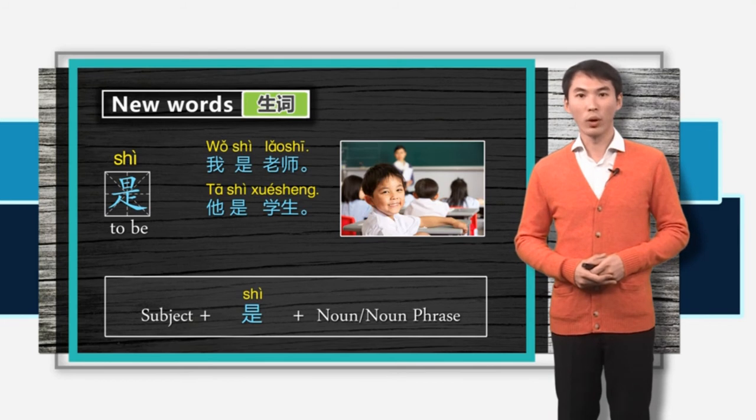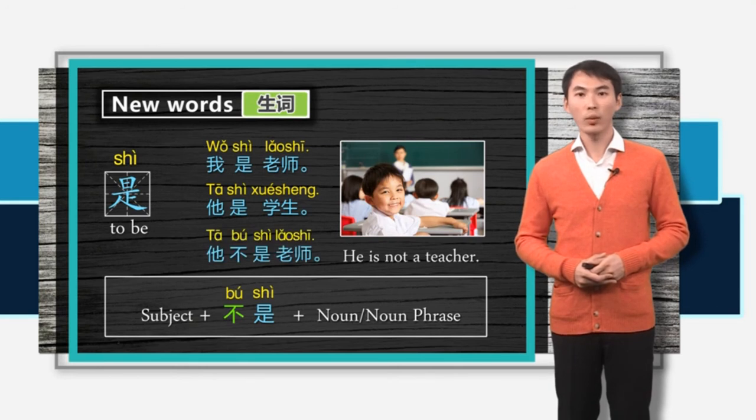The negative form of this sentence is to add 不 before 是, such as 他不是老师. Pay attention. In this negative sentence, the word order is not the same as in English.